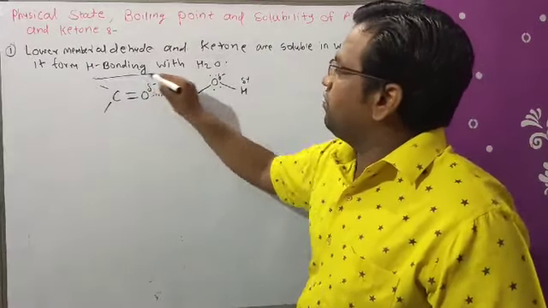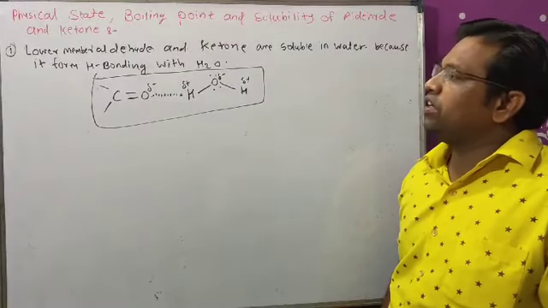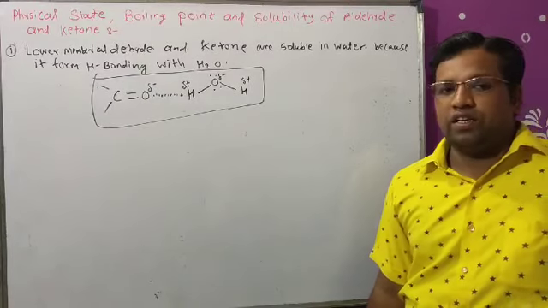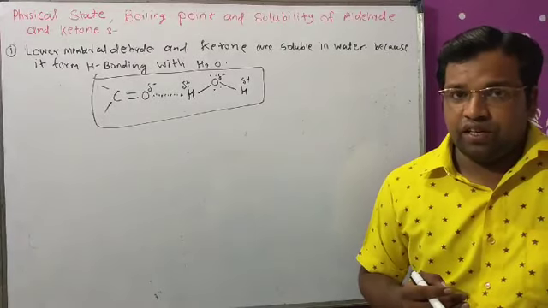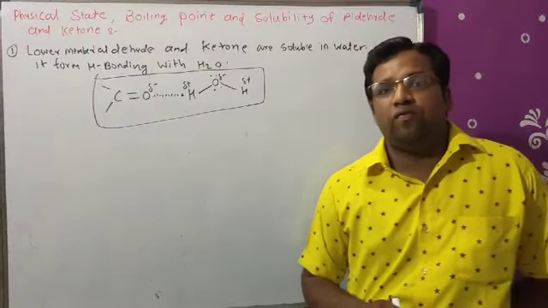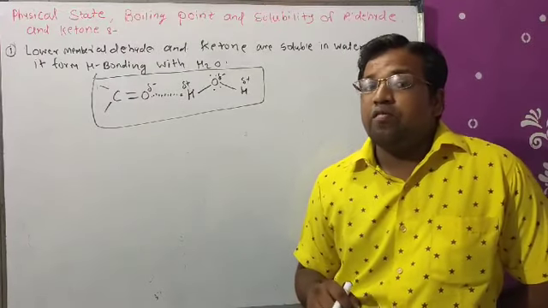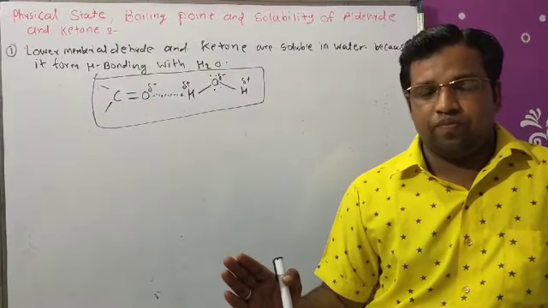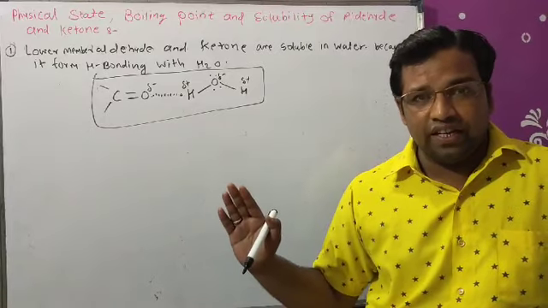And due to this hydrogen bonding, the lower members of aldehydes and ketones are soluble in water. But as the molecular weight increases, the solubility of aldehydes and ketones in water decreases. Why? Because the alkyl chain increases, that is, the non-polar hydrocarbon part increases as the molecular weight increases.